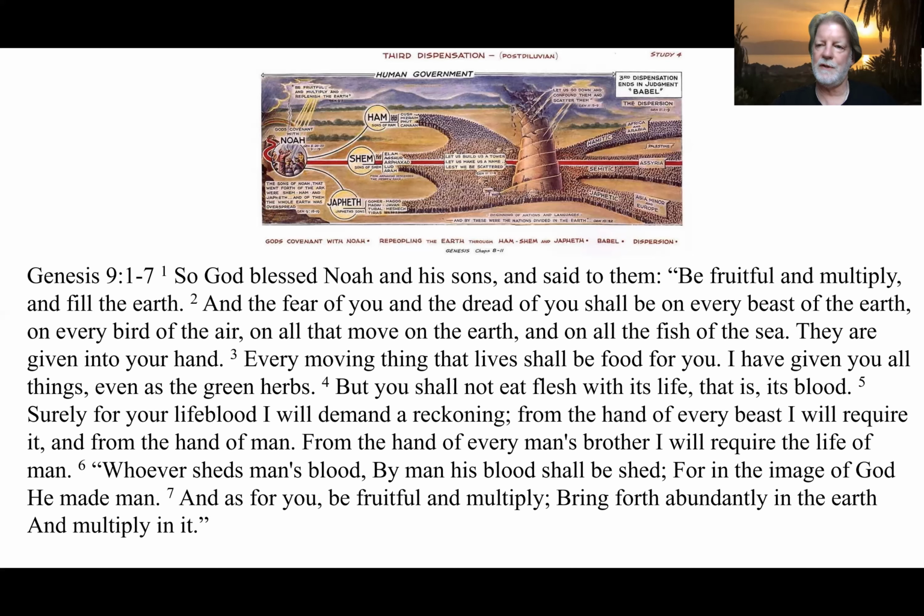That's what Cain was concerned about, that if he took one life, God would punish him more than he deserved. Lamech, the same kind of thing.